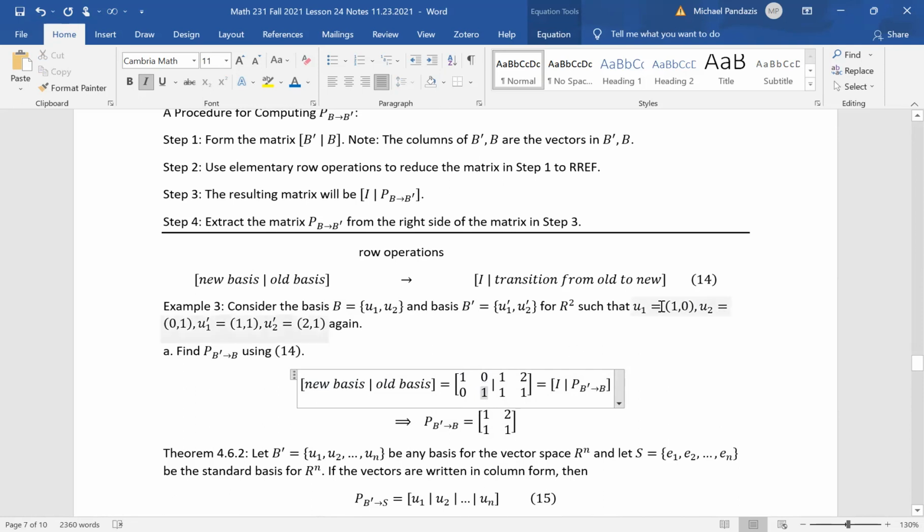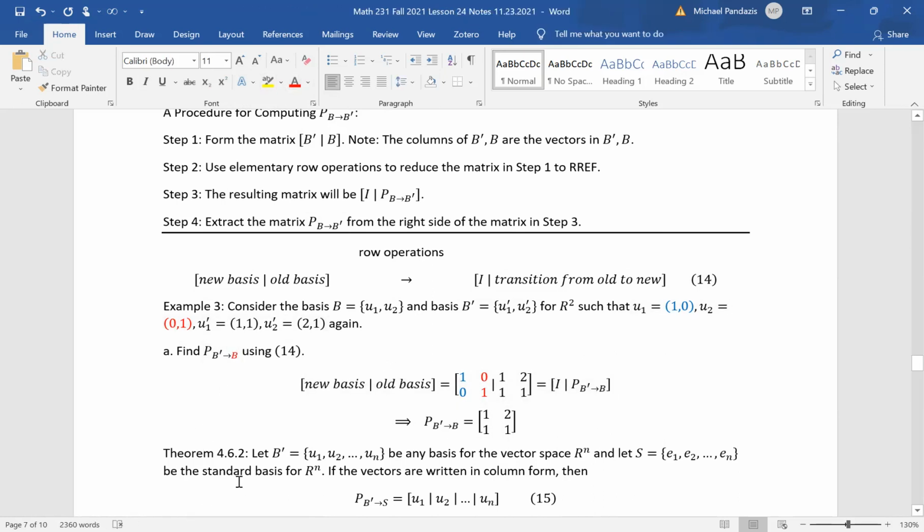Okay. And so you have this here, and then this is red, and this is the second column here. Okay, so we built the left side from your new basis vectors, right? And so these are the new basis because the B is on the right side.